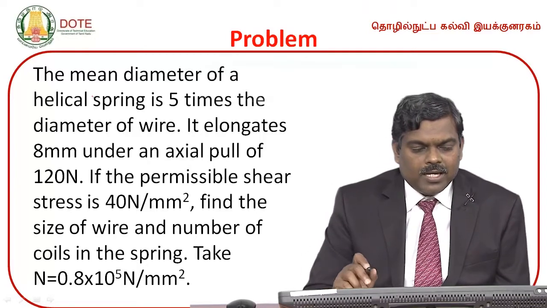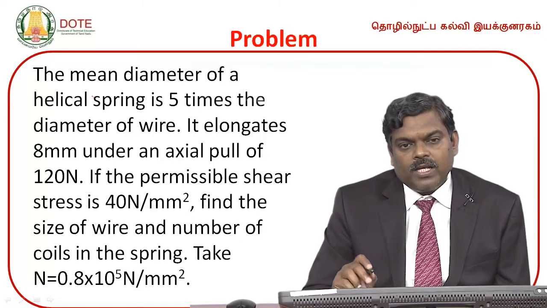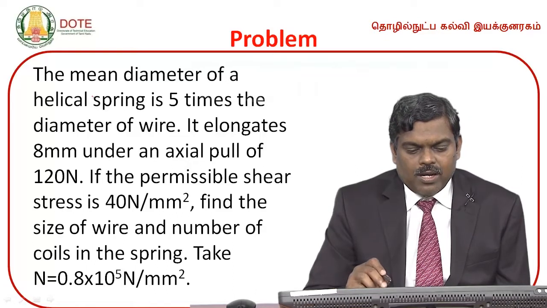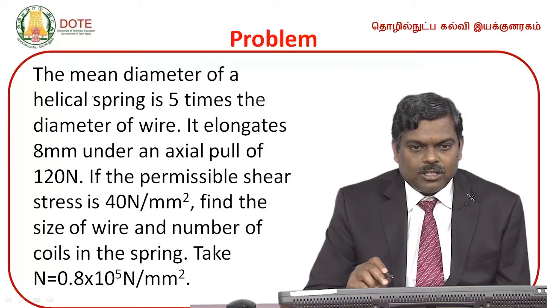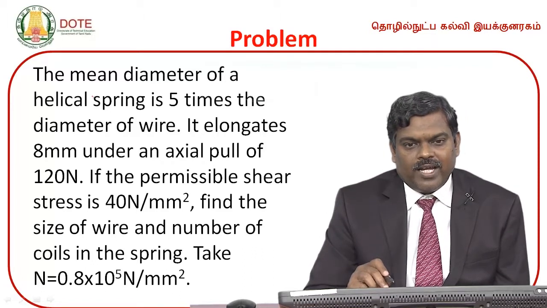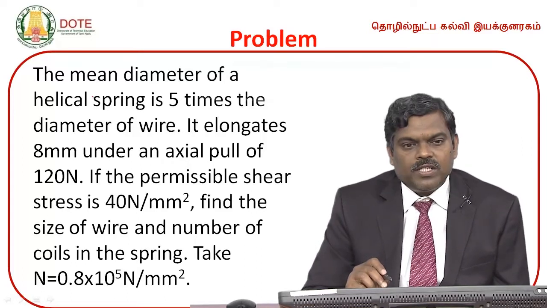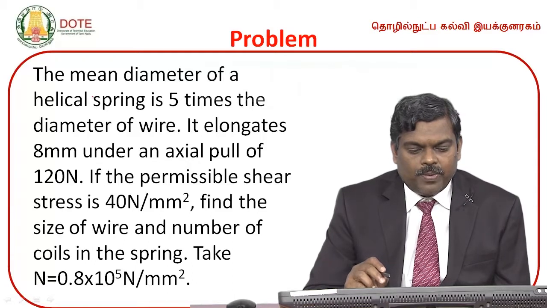If the permissible shear stress is 40 Newton per mm square, find the size of wire and number of coils in the spring. Take modulus of rigidity N is equal to 0.8 into 10 to the power 5 Newton per mm square for the spring material.